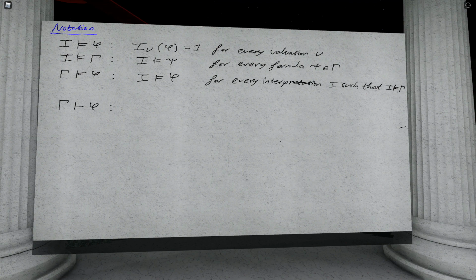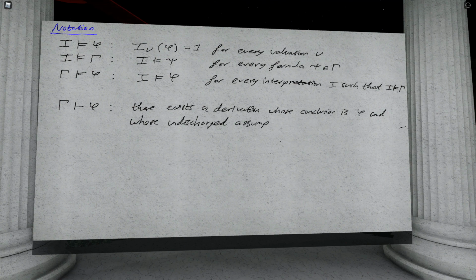This says that there exists a derivation whose conclusion is phi and whose undischarged assumptions form a subset of gamma.